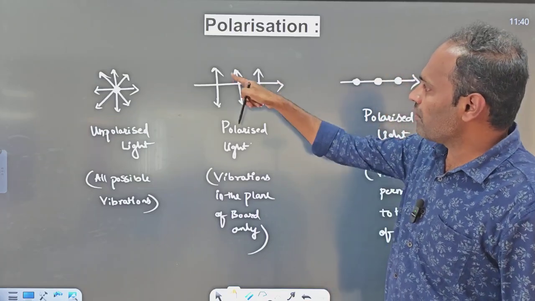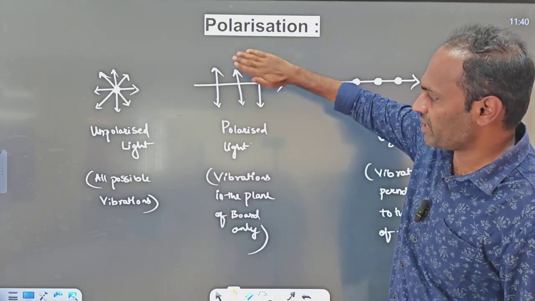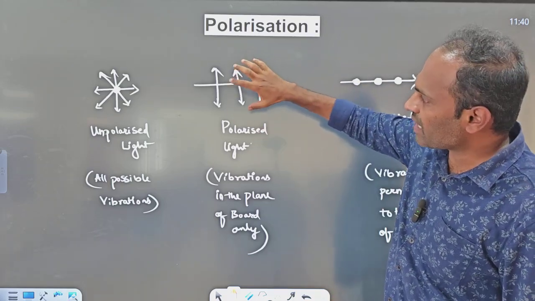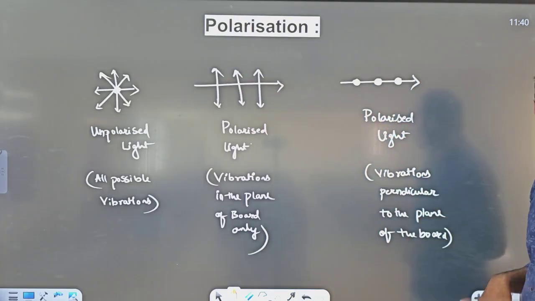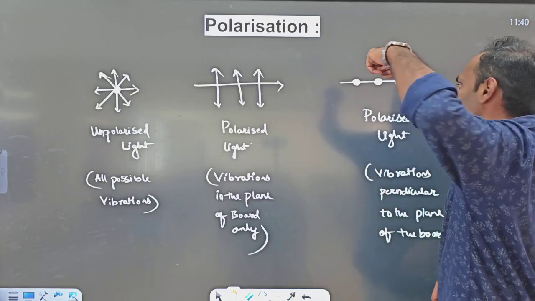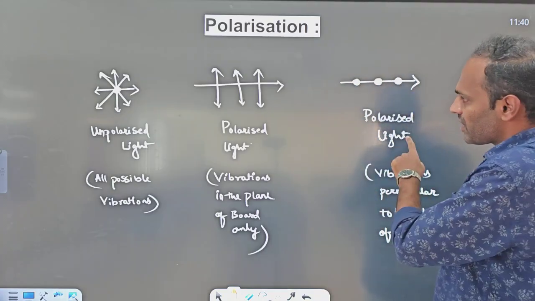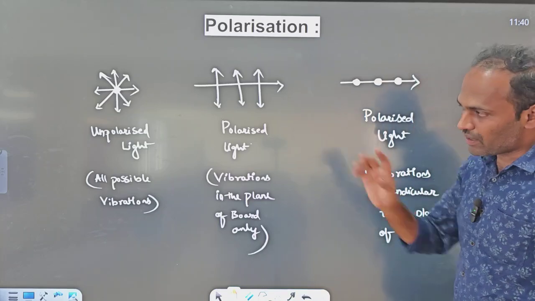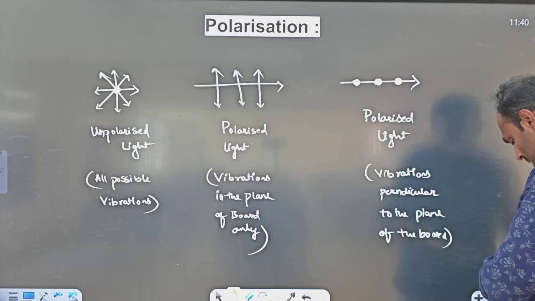Here the vibrations are present only in this plane. So only one type of vibrations is here, so it is polarized light. Here also you can check, there is only one type of vibration, and these vibrations are perpendicular to the plane of the board. This is also polarized light, this is also polarized light, and that is unpolarized light. Only one type of vibration has to be there, then it is said to be polarized light, right?